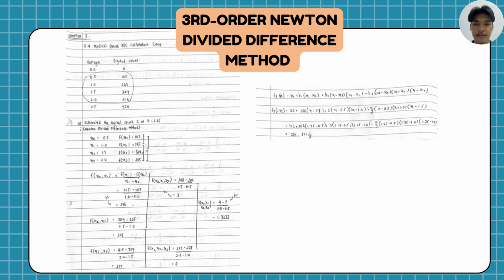After obtaining the interpolation equation, I substituted the target voltage of 1.25 volts into the polynomial. The calculation produced an estimated digital count of 256.8125 counts. Therefore, using the Newton divided difference method, the digital count corresponding to 1.25 volts is approximately 256.81 counts, or 257 counts when rounded to the nearest whole number.